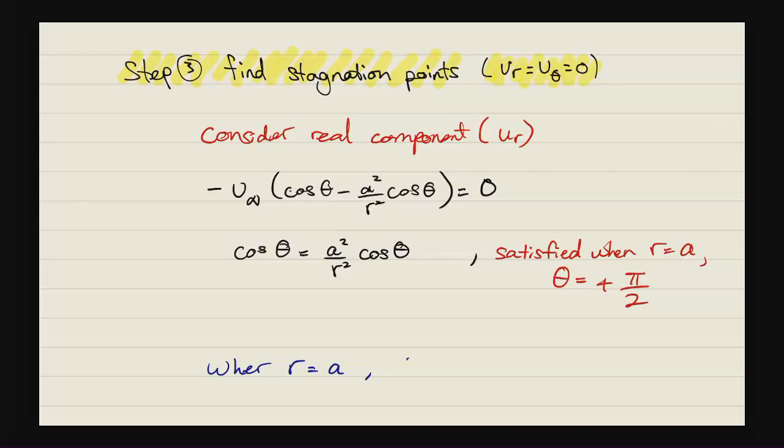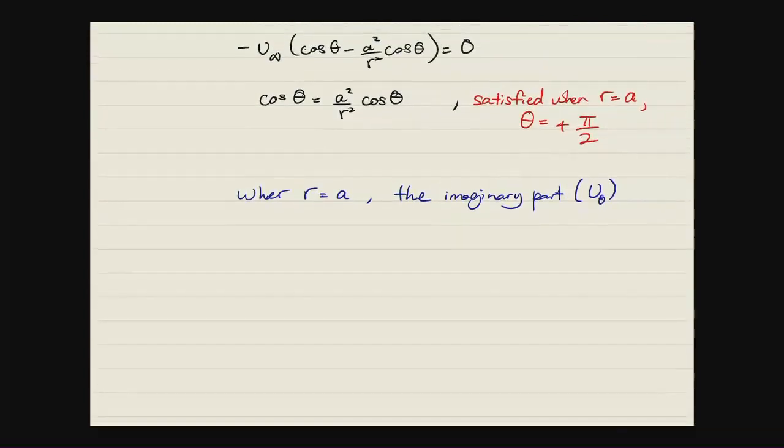So when r equals a, the imaginary part, or u theta, I'll just get u infinity sine theta plus sine theta equals negative gamma over 2 pi a.